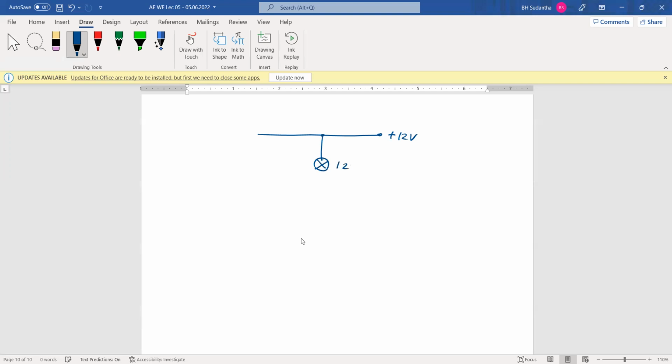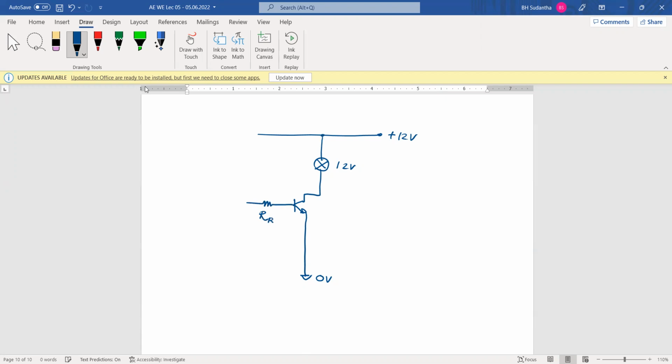This bulb may be a 12 volt bulb, and we are putting a transistor here to turn on this bulb.